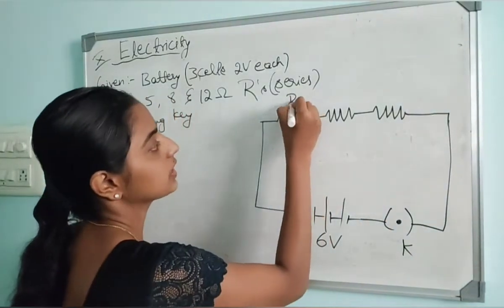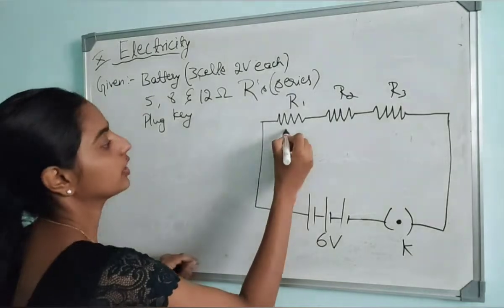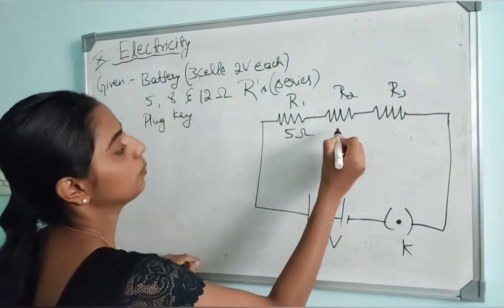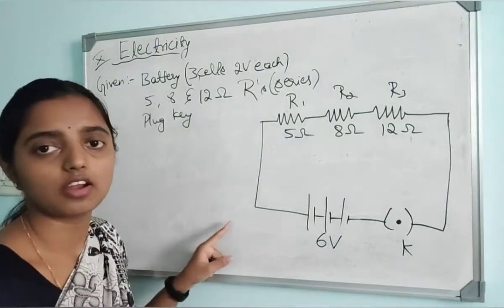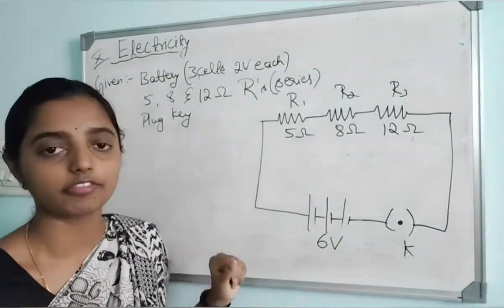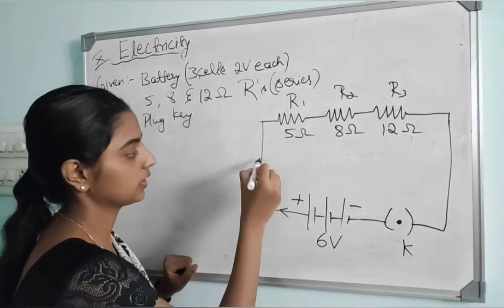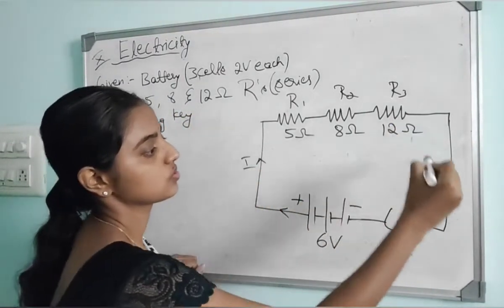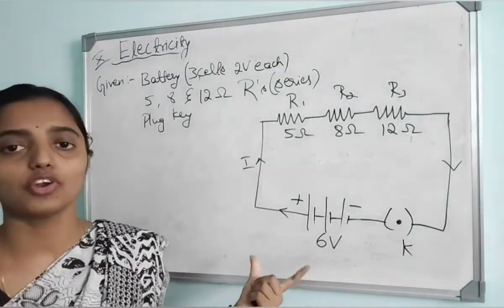Let us name them R1, R2, R3 and give their values: 5 ohm, 8 ohm and 12 ohm. Is it enough? No, we need to show the flow of current. Current will flow from the positive terminal, indicate it as I, and it will come back to the negative terminal. This is how you will get it for a 2 marks question.